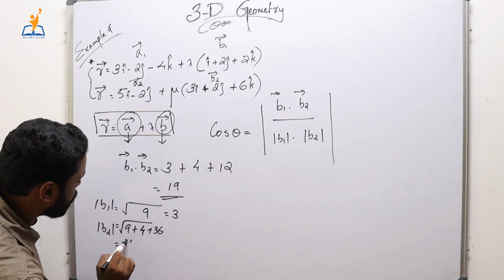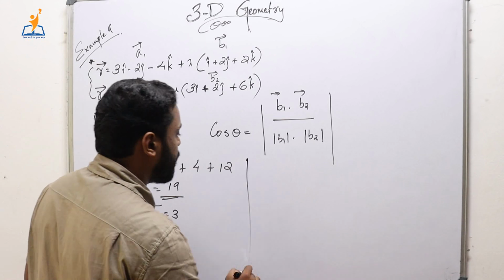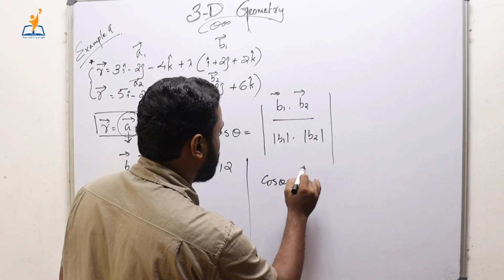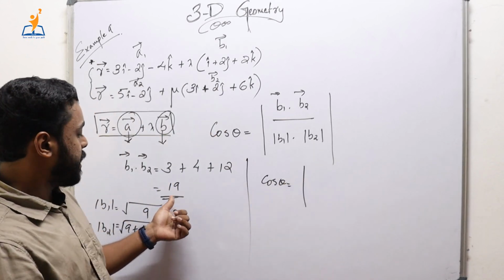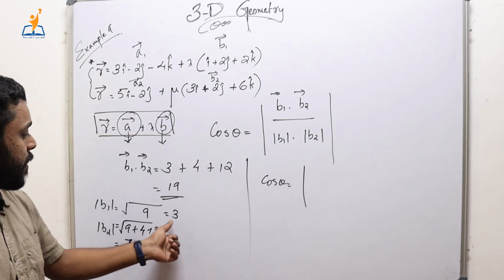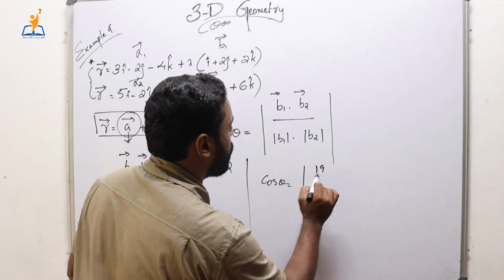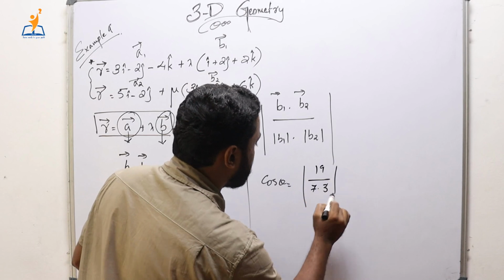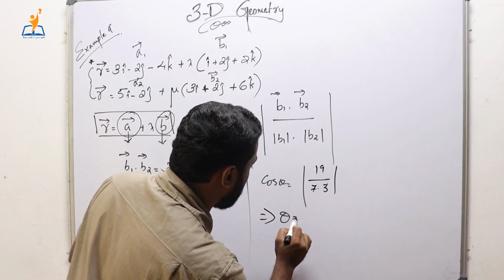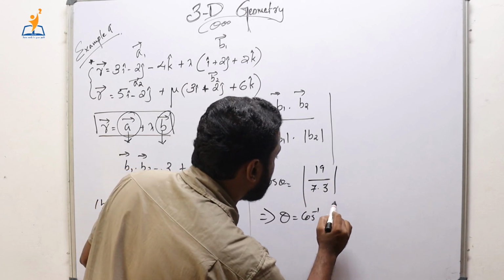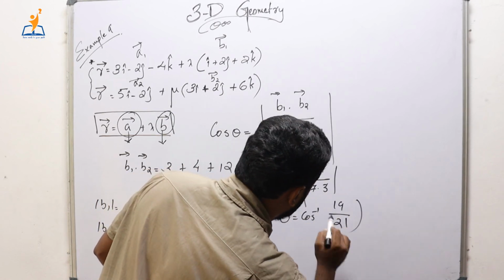It is equal to 7, right? So we get cos theta is modulus of 19 by 7 into 3, that is 19 by 21. It implies theta is equal to cos inverse 19 by 21.